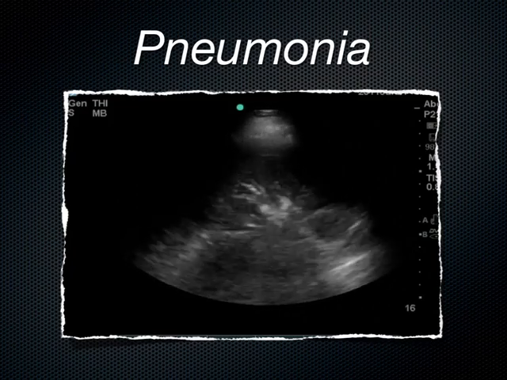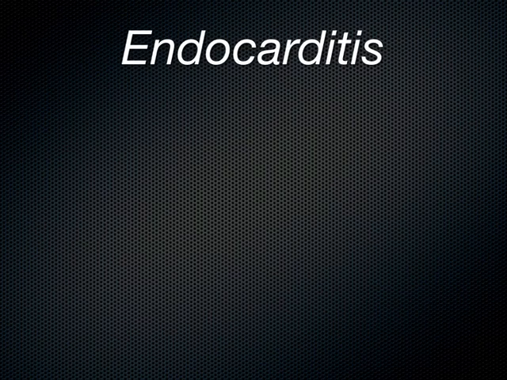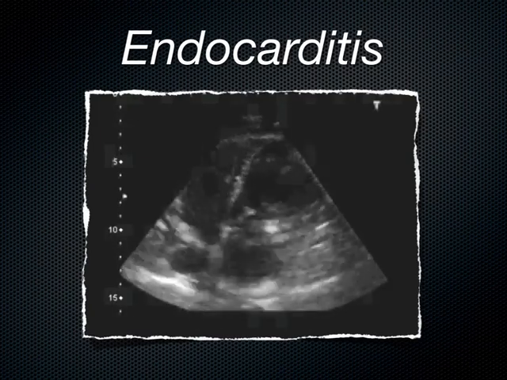Now moving on to another cause of fever in a patient could be endocarditis, where one of their valves actually gets infected. This is most commonly from using IV drugs, where bacteria gets into the blood, makes its way to the right or even left heart, and most commonly, though, it's a tricuspid valve, but occasionally we can see it on the mitral valve.